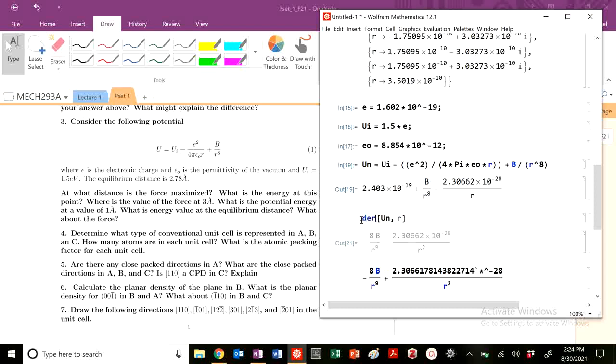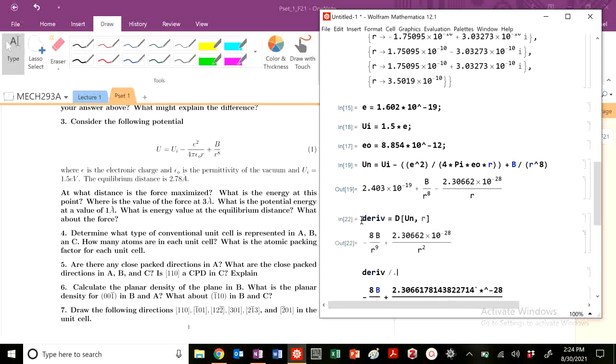So this is my derivative, evaluated at r equals 2.78 times 10 to the minus 10. That is my equilibrium distance.